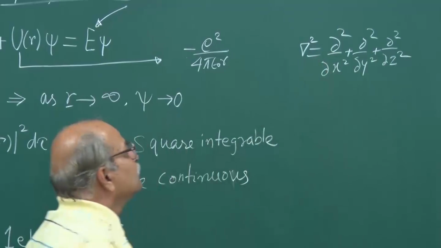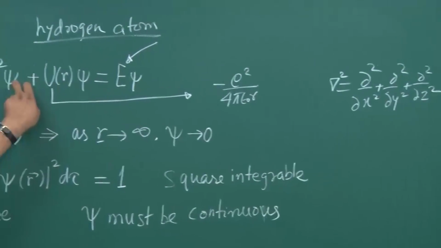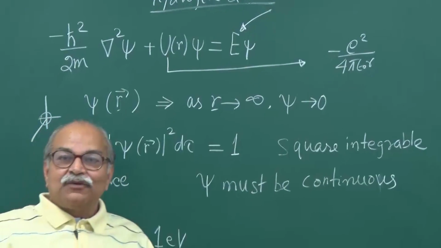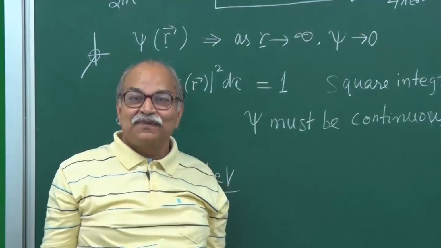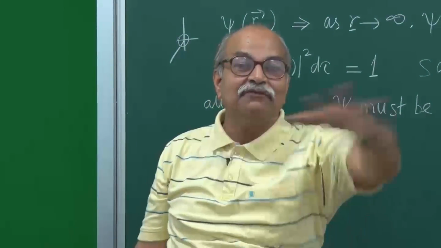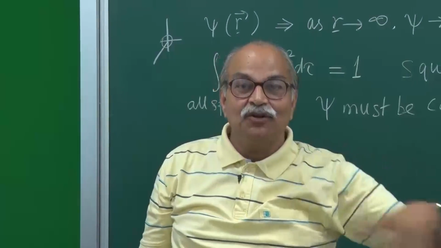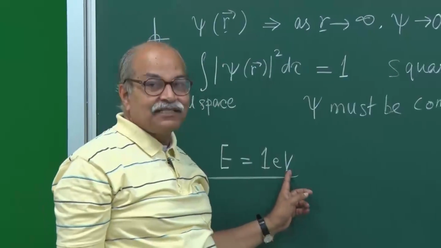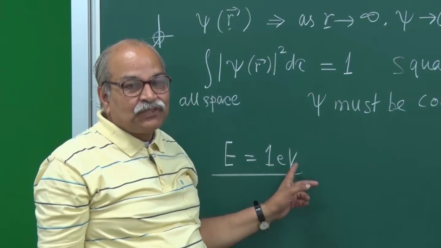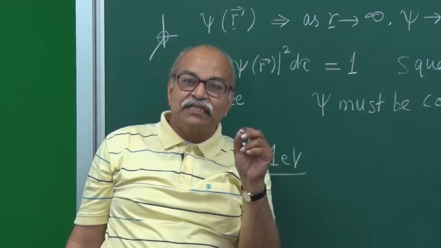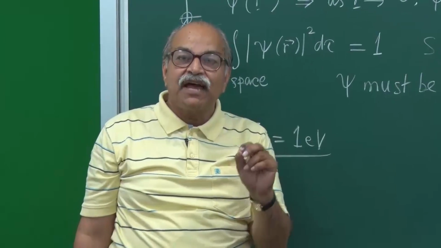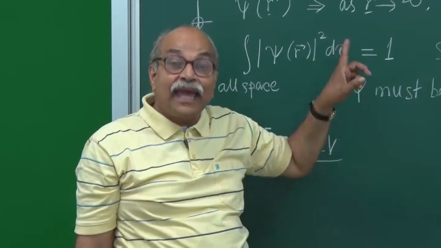So where are the values, what functional forms of psi can I have? The answer is that you cannot have any psi if this E is 1 electron volt or 2 electron volt or 1.5 electron volt. Only for some specific values of E, you can find psi.